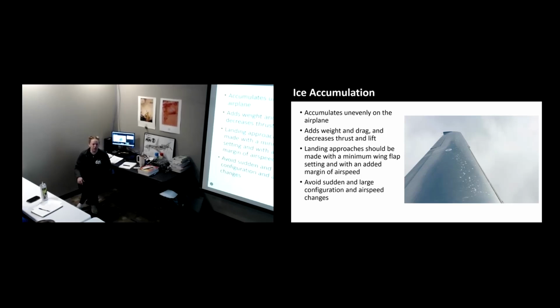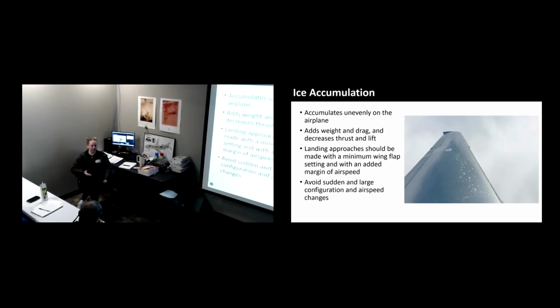The reason that's most dangerous, especially in airplanes with autopilot, is that you might be sitting back relaxing and the autopilot's compensating and giving you more and more angle of attack to keep you from descending because you're losing lift and increasing drag and weight. So you're going to get higher and higher angle of attack. You could just be sitting there relaxing, watching your Netflix, and the airplane's going to stall because it has so much ice.